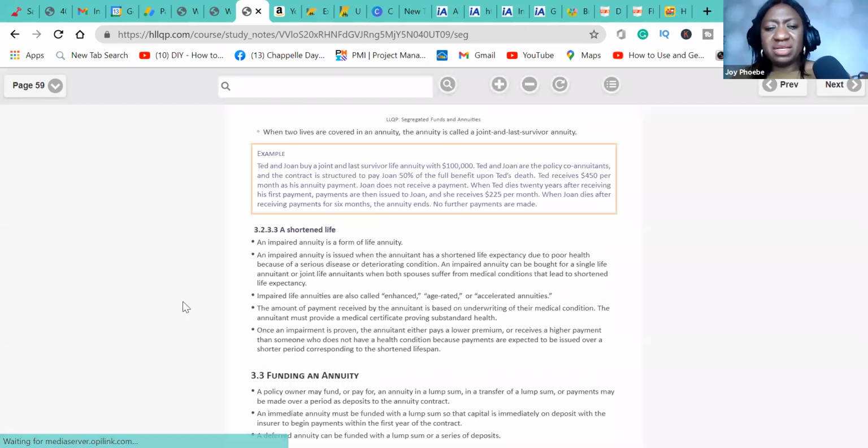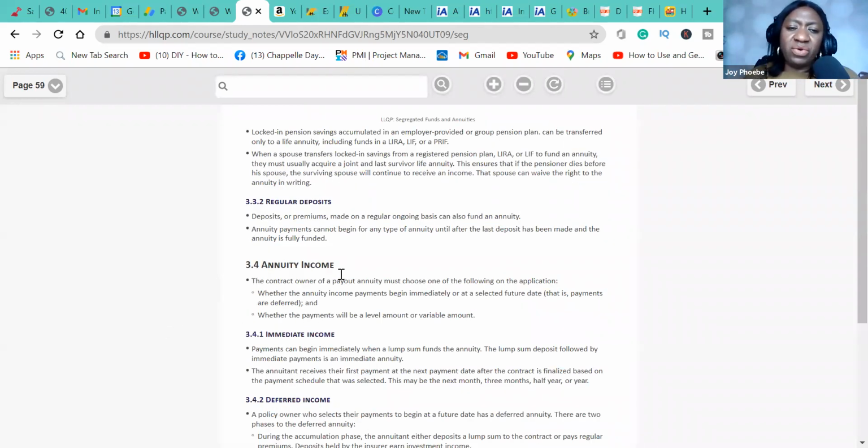So regular deposits, like I said before, we can use for a deferred annuity. Deposits or premiums made on a regular ongoing basis can be used to fund an annuity. However, annuity payments cannot begin for any type of annuity until after the last deposit has been received.